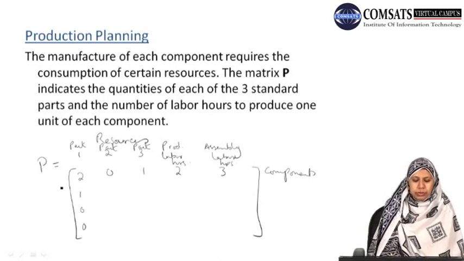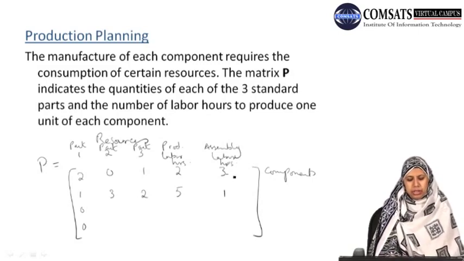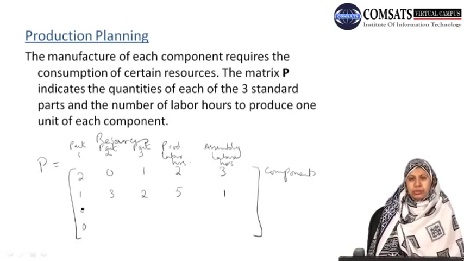Now component 2 requires 1 unit of part 1, 3 units of part 2, 2 units of part 3, 5 production labor hours and 1 assembly labor hour. Component 3 requires no unit of part 1, 2 units of part 2, 1 unit of part 3, 4 hours from the production labor and 2 hours from the assembly labor.